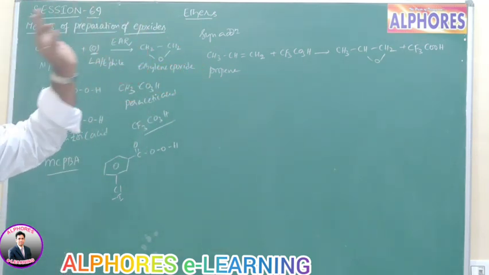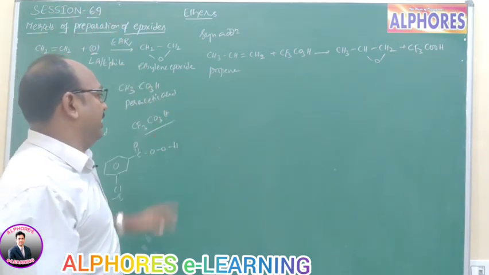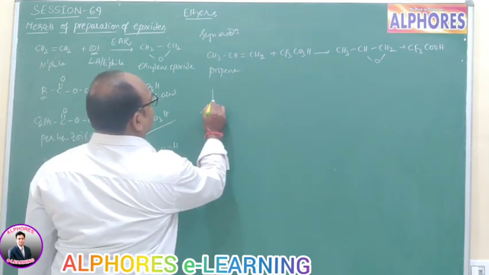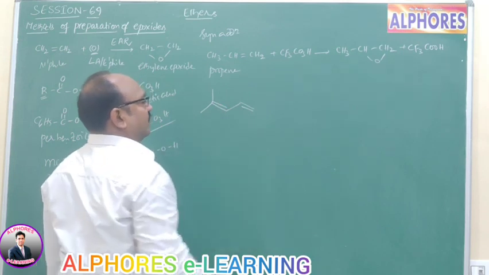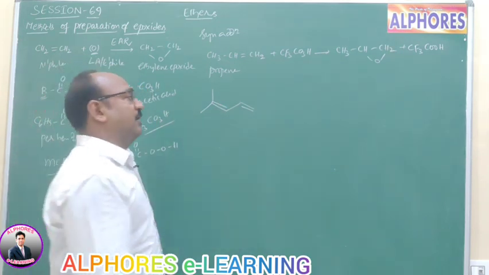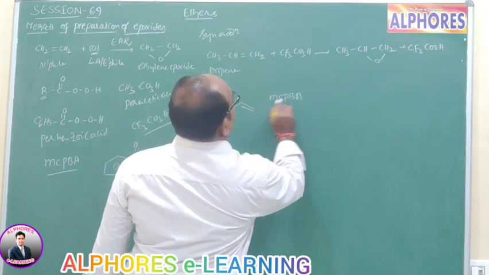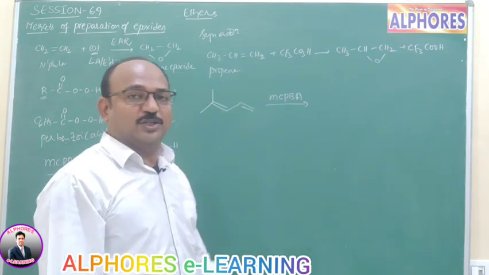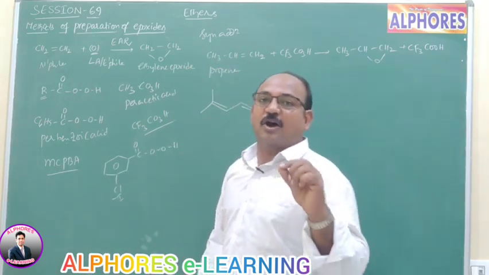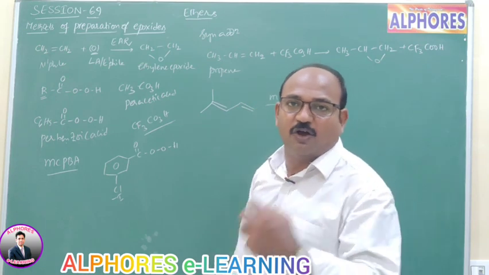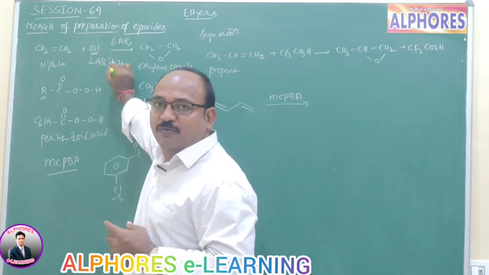And if there are two double bonds in the substrate, say like this, here this one double bond and this one double bond. Out of these two double bonds, which one gets oxidized on epoxidation with MCPBA, metachloroperbenzoic acid, or which double bond takes oxygen? As I mentioned, this one acts as an electrophile.